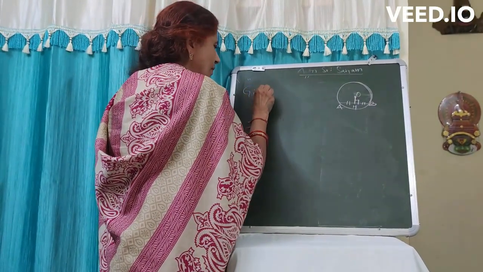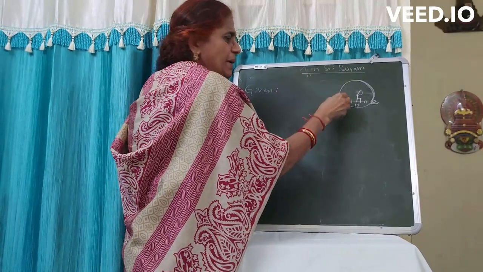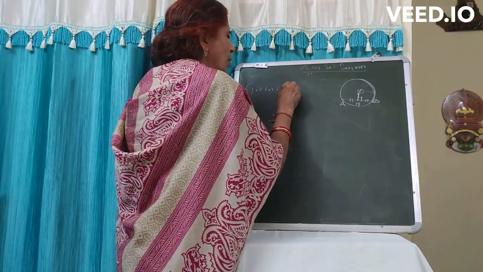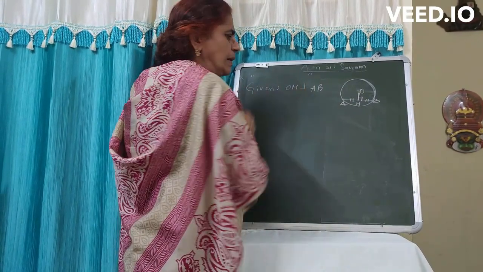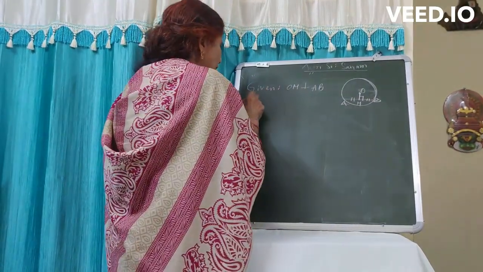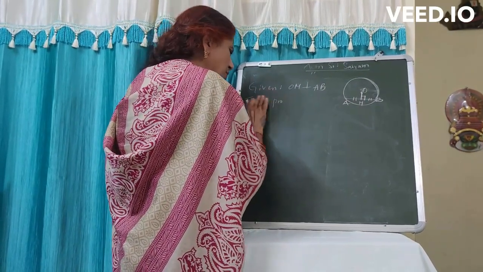Given, what is given? AB is the chord and OM is perpendicular to AB. And what is to be proved? To prove, what is it that we have to prove?